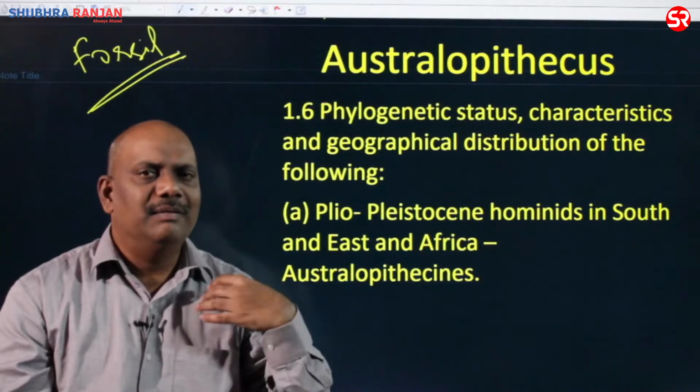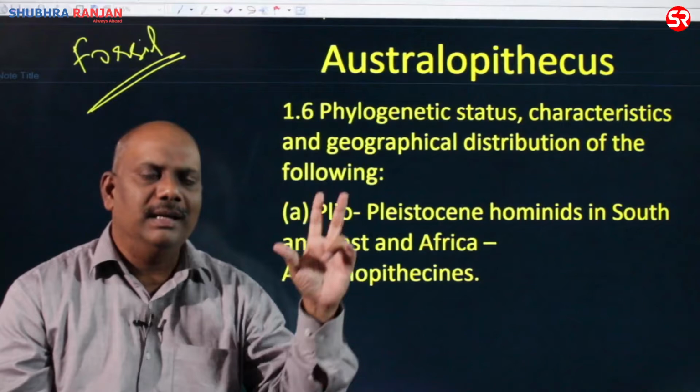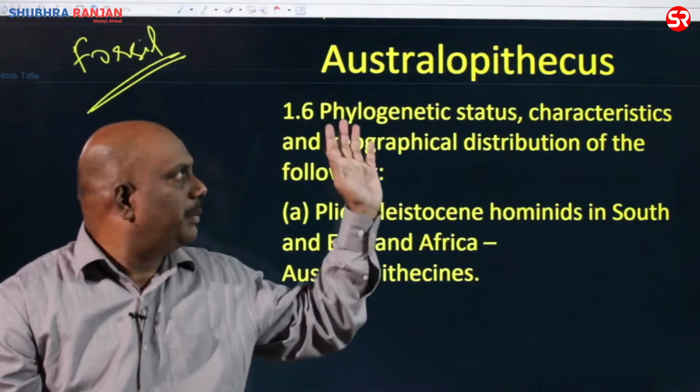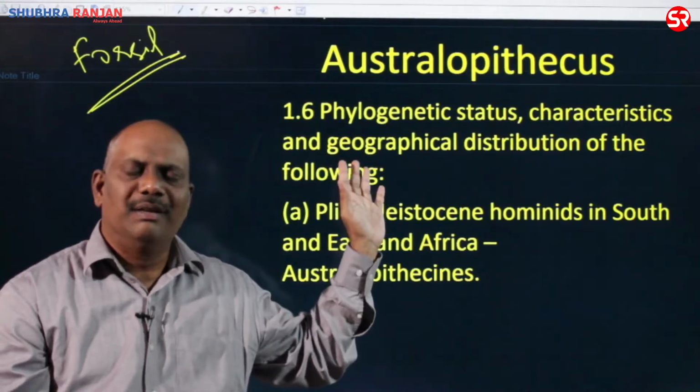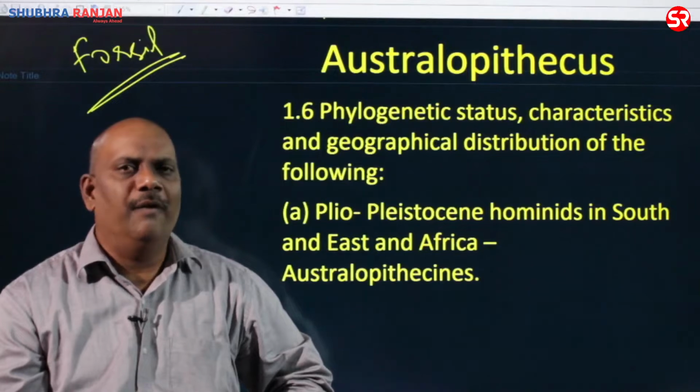Yes, we have descended from this fossil. So we are keeping this fossil in the line of human evolution. That is called phylogenetic status. We will discuss phylogenetic status at length, so nothing much to worry about now.